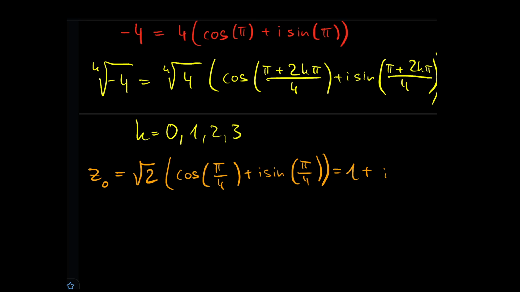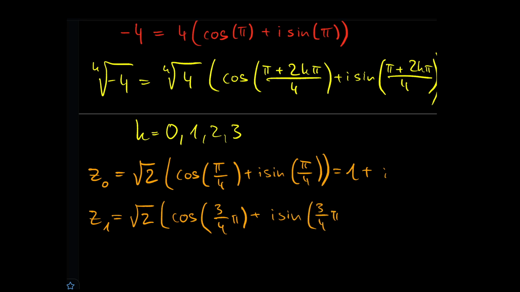Similarly, we'll do it for z1, so we have the square root of 2 times cosine of, and now we have pi plus k equals 1, so pi plus 2 pi, so 3 pi, so we have 3/4 of pi, and the same argument in the sine, so we have 3/4 of pi here.